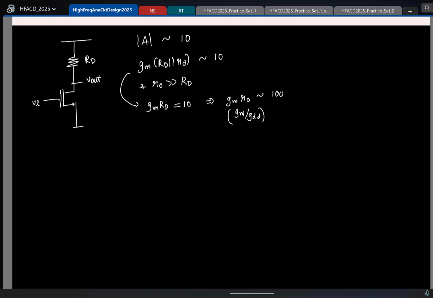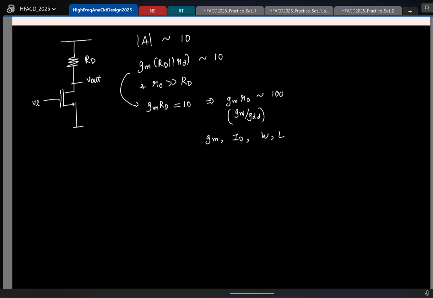Now from this I have to find the transconductance, ID, width and length. If you want to find the current ID, what parameter might you look at? I know GM by GDS needs to be 100. If I want to find the current ID, which parameter can I look at? GM by ID is fine.